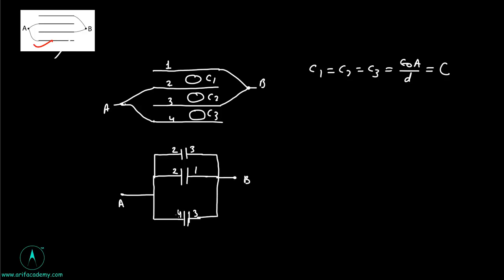So all the 3 capacitors which are here are the same, identical. So CAB equals C1 plus C2 plus C3, and if they are the same, 3 epsilon naught A by D, or we can write it as 3C.